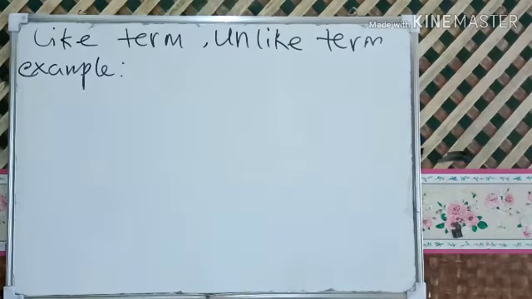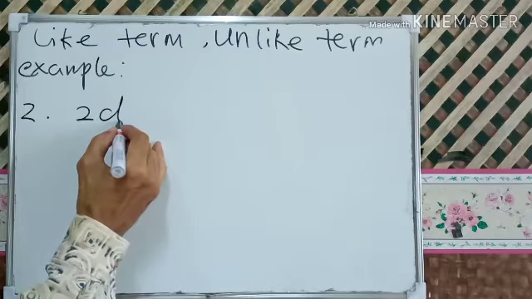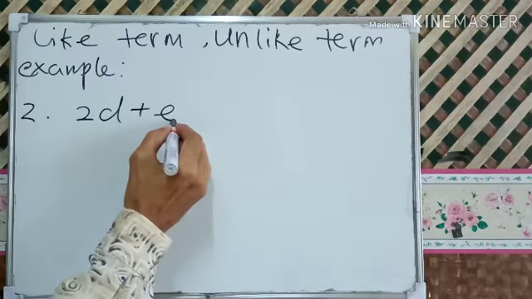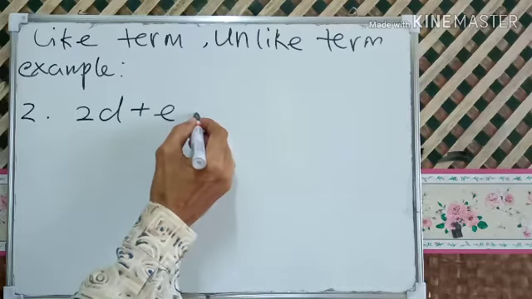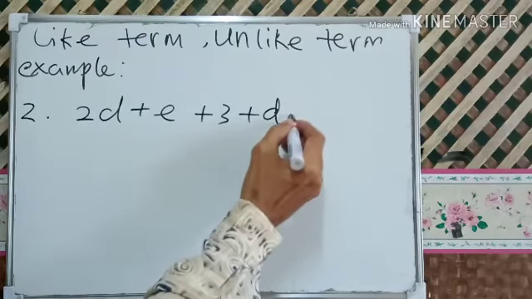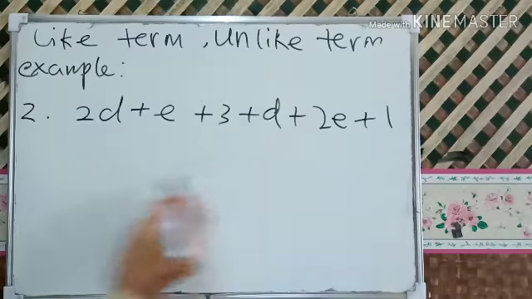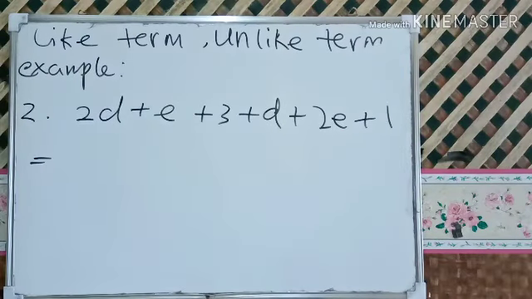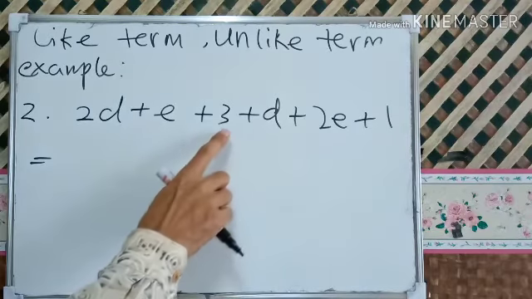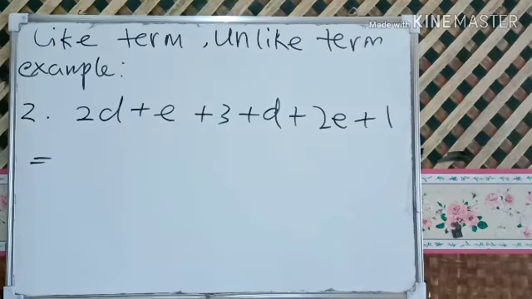Another example: 2d plus d plus 3 plus d plus 2e plus 1. This time we have a number without any variable. This we call a constant. 3 and 1 are constants.